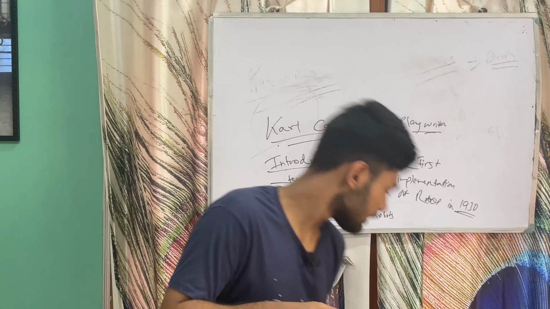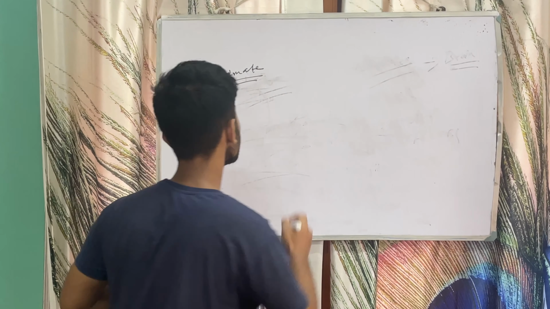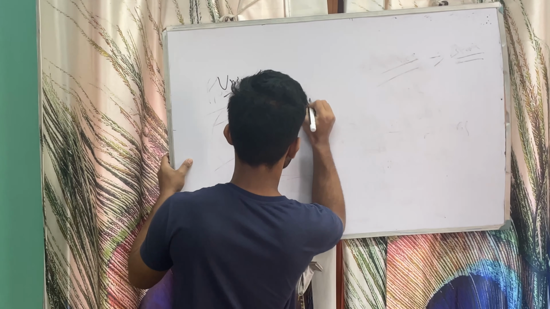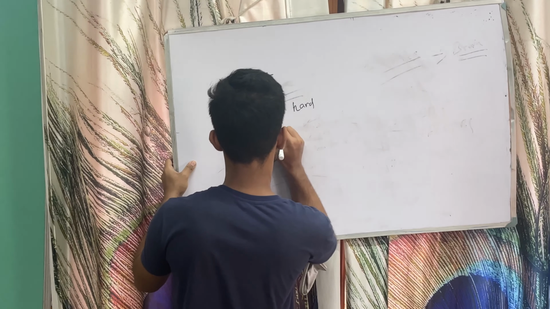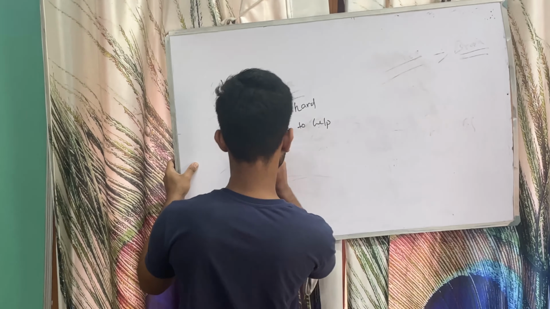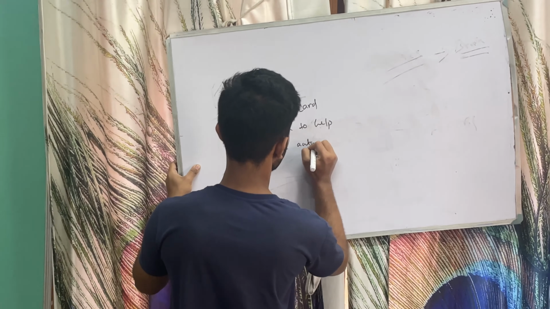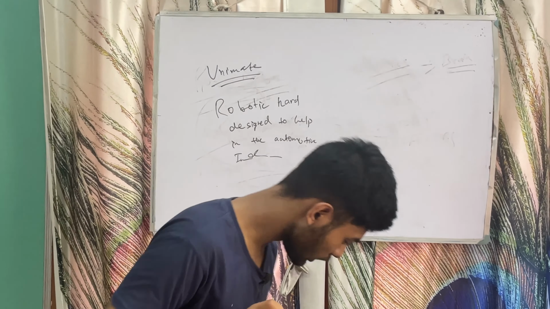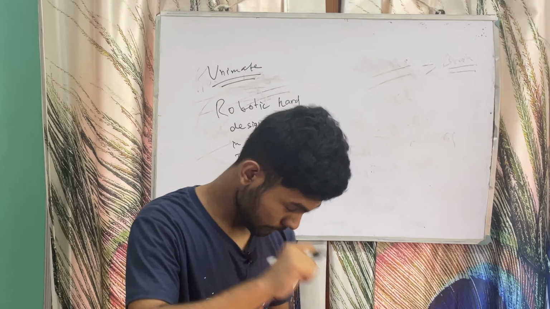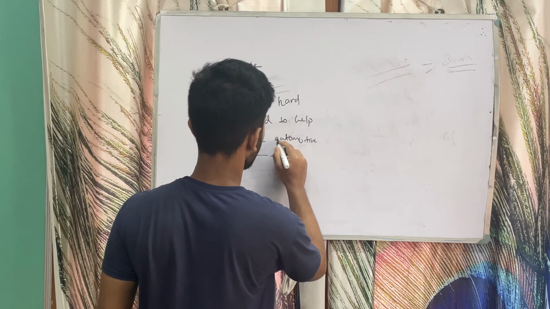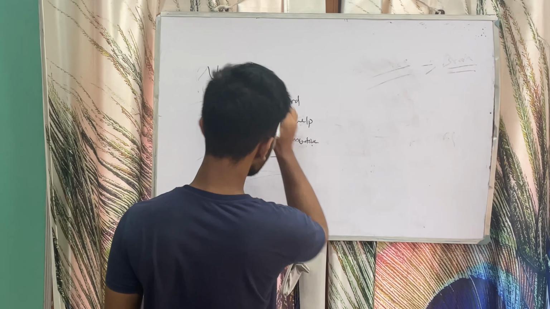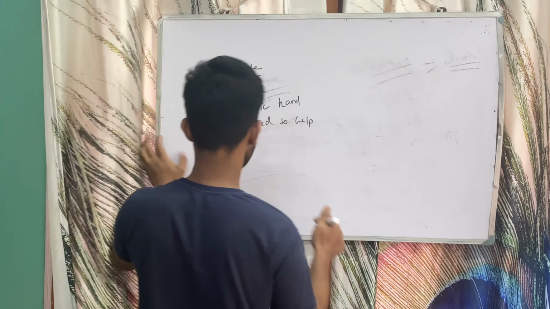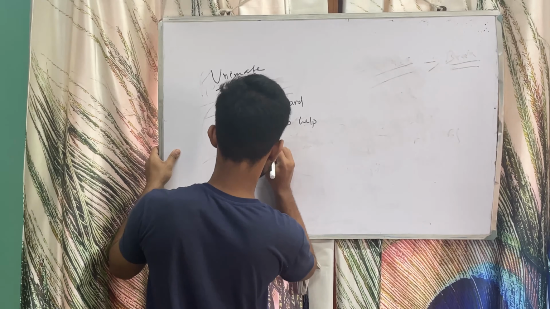What is Unimate? Unimate was a robotic hand designed to help in the automating industry.